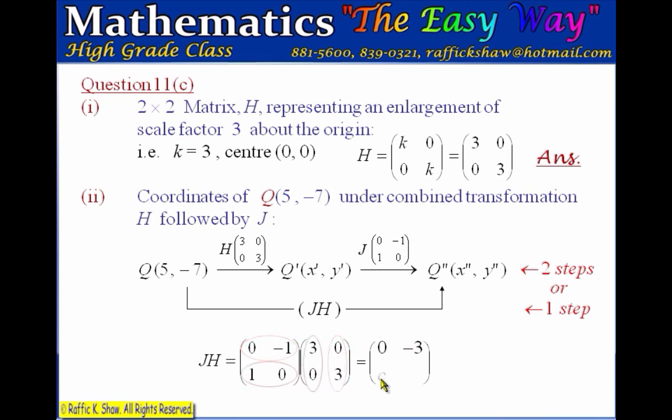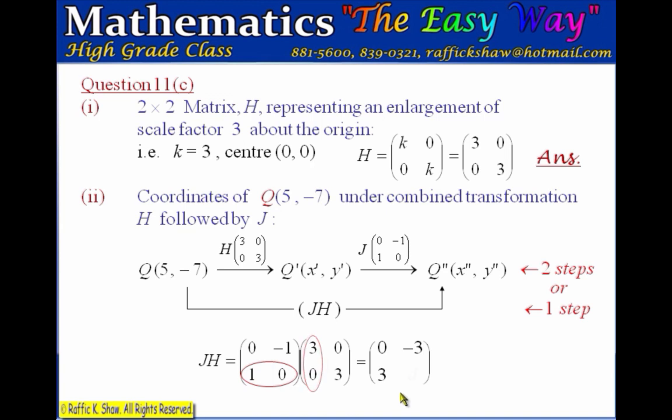And now this element C is calculated by multiplying this second row by this first column here, because this element C is in the second row and the first column. And so it's 1 multiplied by 3 plus 0 multiplied by 0. So it's 3 plus 0 is 3. And so this element is equal to 3.